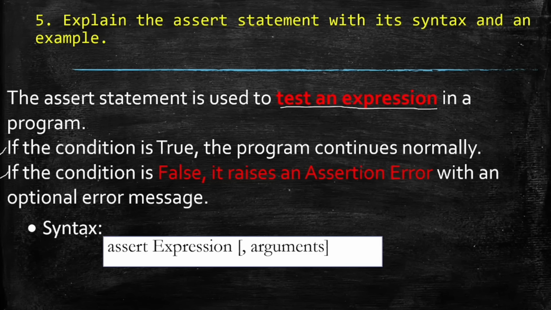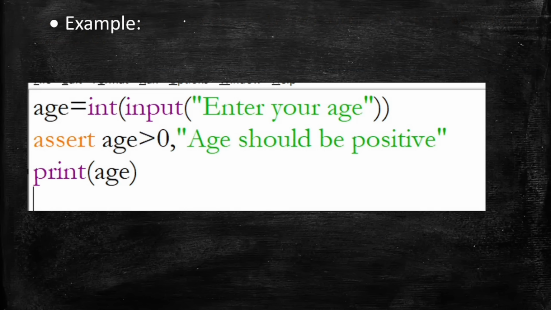Okay, what is the syntax? Assert expression. So here what you have written is raise, exception name you have to mention. Here assert expression you have to mention, comma, argument. These are small, minute things, many of them will make mistakes. That's what I'm just stressing upon all this. And next, what is an example? Again, the same example you can take.